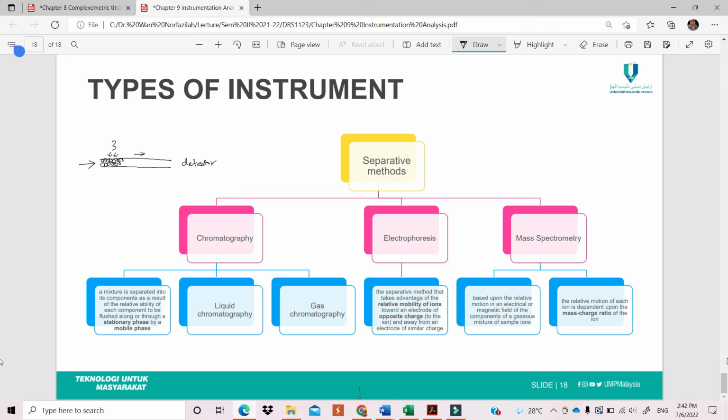Okay, so this is a separative method that takes advantage of the relative mobility of ions towards an electrode of opposite charge, and away from an electrode of similar charge.